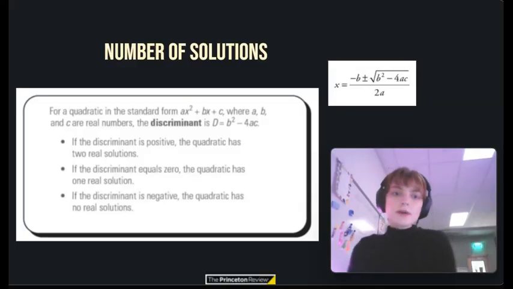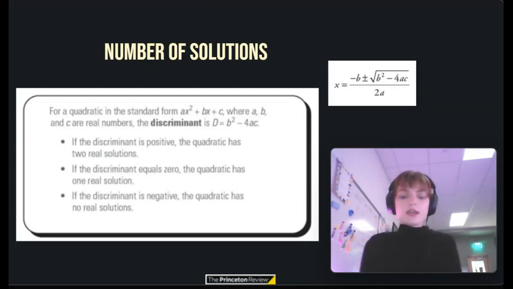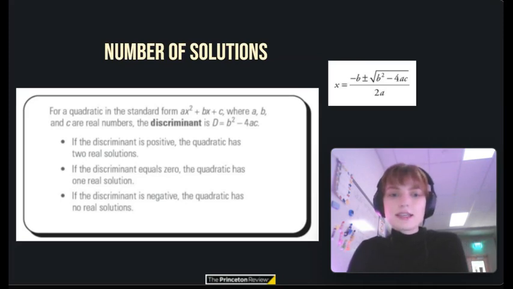So we've talked about number of solutions in linear solving as we identified them from equations with a single variable and a constant.